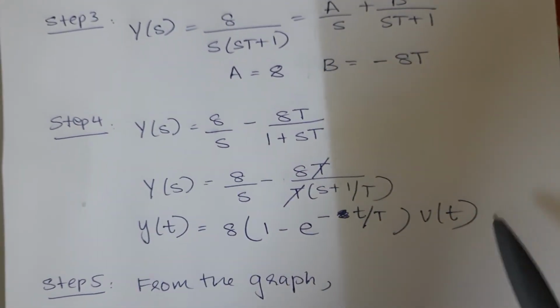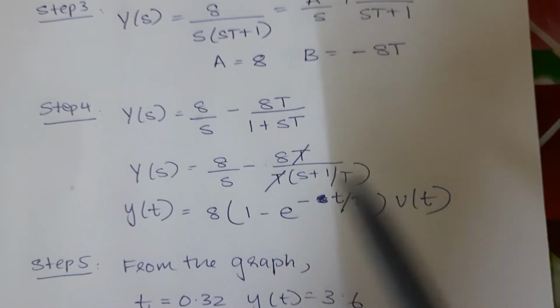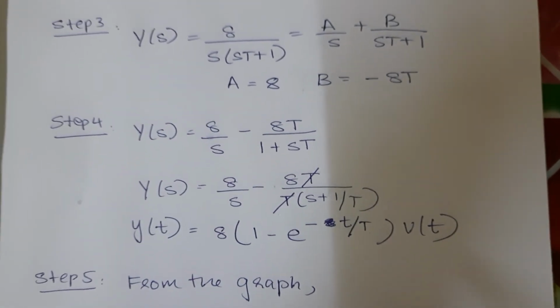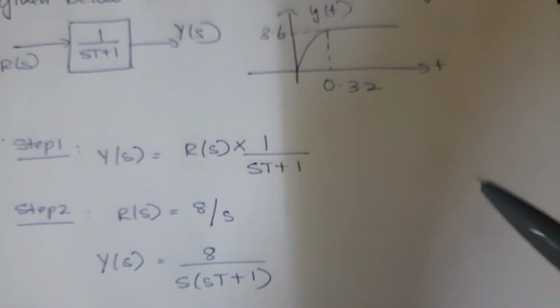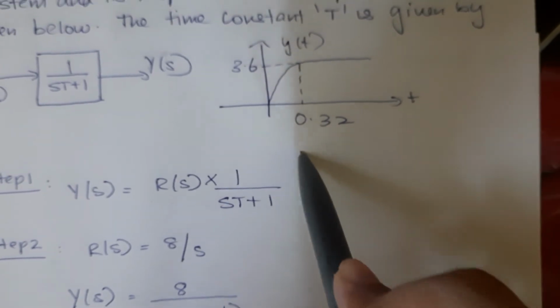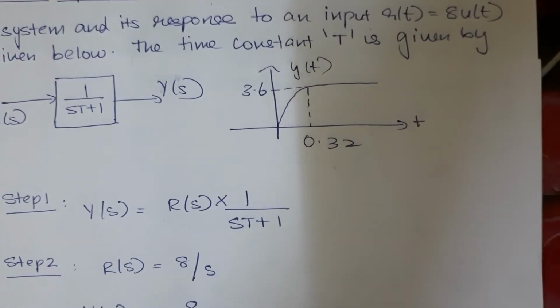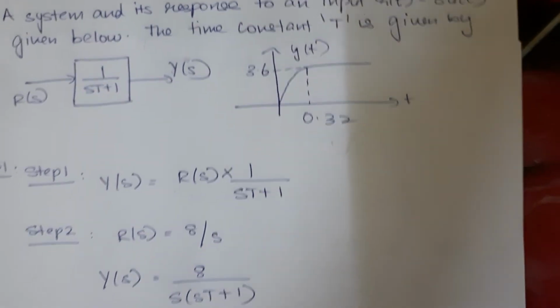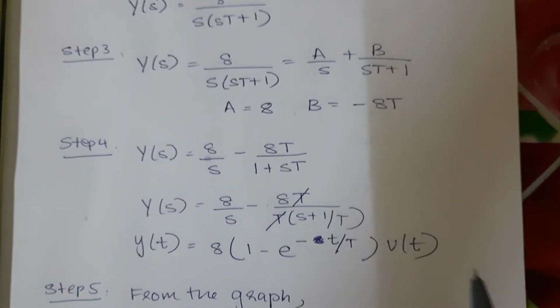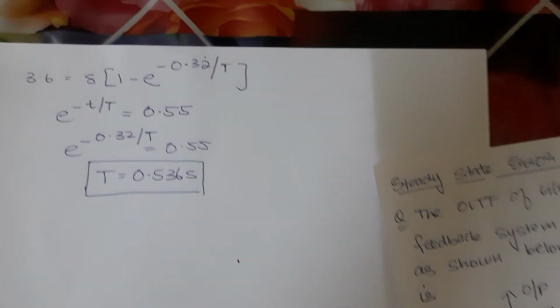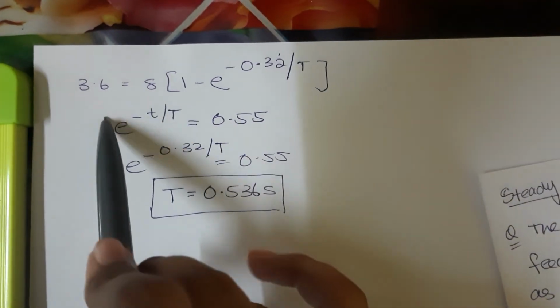I hope you all know that. So now this is my y(t). From the graph we can find out that when t is 0.32, my y(t) value is 3.6. Now I will substitute these values in the new equation which I have got.